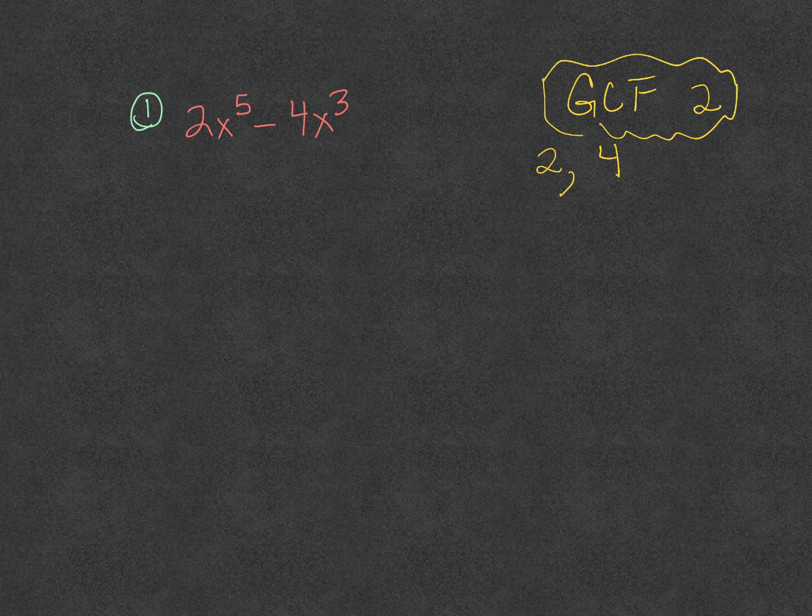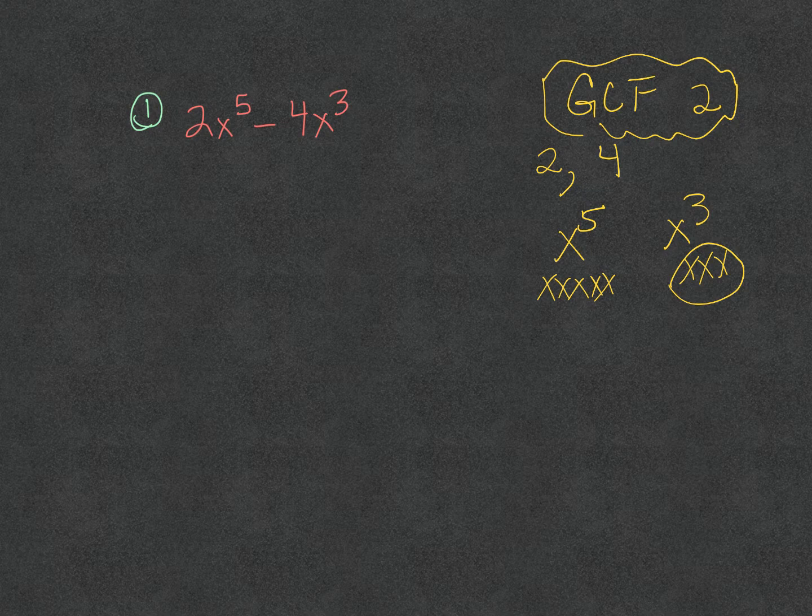But I also have to look at my variables. I have an x to the 5th and I have an x to the 3rd. So if I think about 3, 4, 5 x's there and 3 here, there would be x to the 3rd in common. So that makes my GCF a 2x to the 3rd.